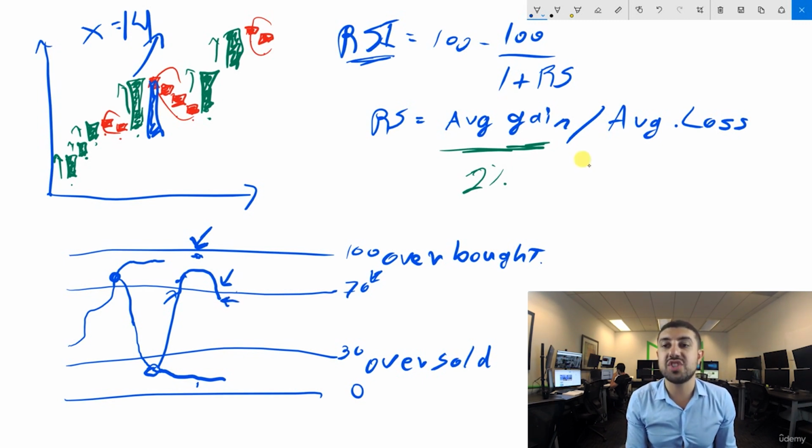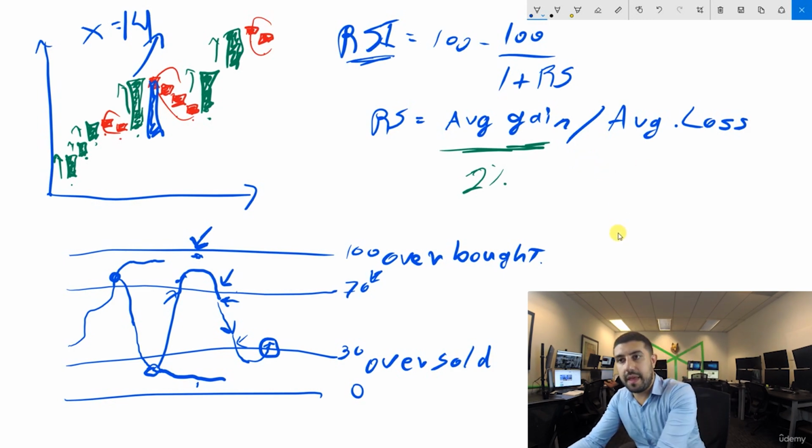You short as it stops being overbought. And then as it goes down, you make your money. And if it becomes oversold, you don't buy right away. You wait until it stops being oversold. So you wait as it breaks from below the lower price target, and that's when you buy.